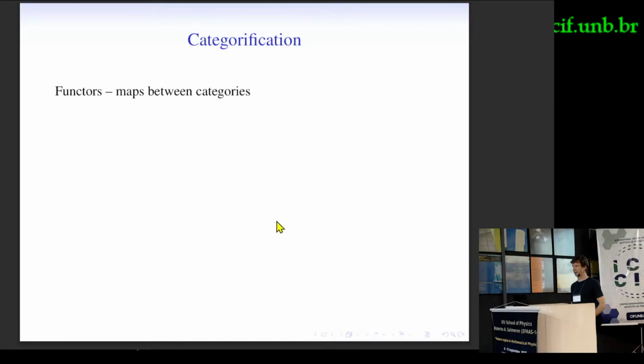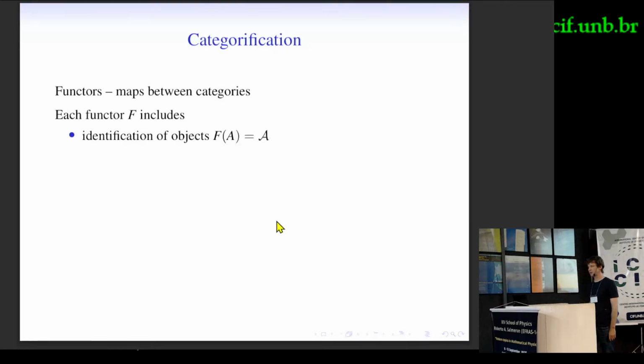Okay, so there are categories, and there are maps between categories. Categories have certain maps within themselves. These are called morphisms, but you can also have maps between different categories, and this is what we'll be interested in. And these maps are called functors. So functors are just maps that preserve the structure of the category. In particular, they are supposed to map objects to objects, and they also have to map the morphisms.